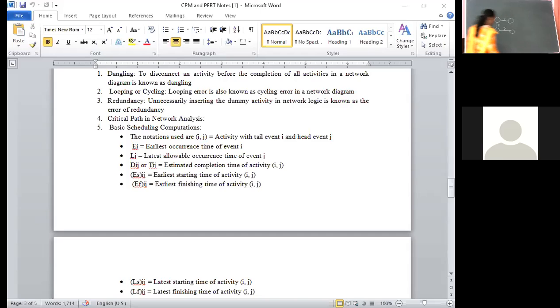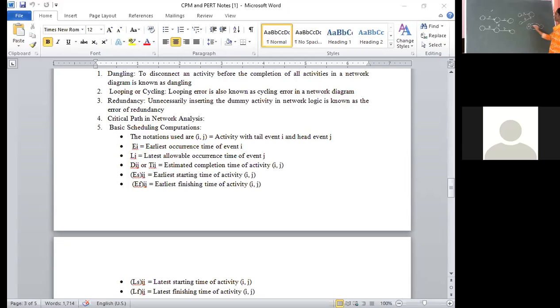Okay, here looping is not allowed this way. You cannot connect the diagram like this. What we have connected through a dummy activity, you cannot connect this way. Looping is not possible while writing a dummy; it represents the same activity, same ending. This is called looping.